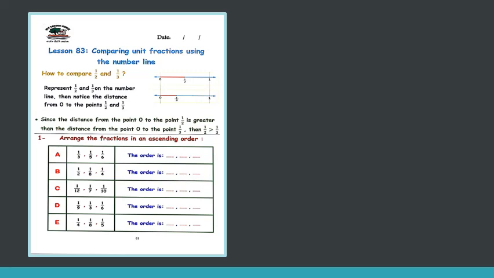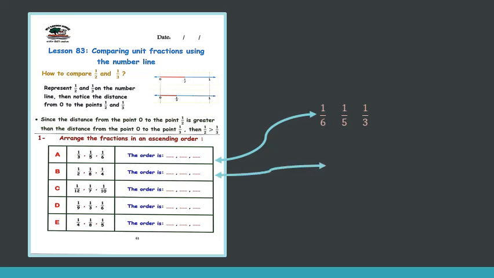So here I have 1 over 3 and 1 over 5 and 1 over 6. If I want to order them in ascending order, yes, I will write at first 1 over 6 and after that 1 over 5 and 1 over 3. Number B, 1 over 2 and 1 over 8 and 1 over 4.